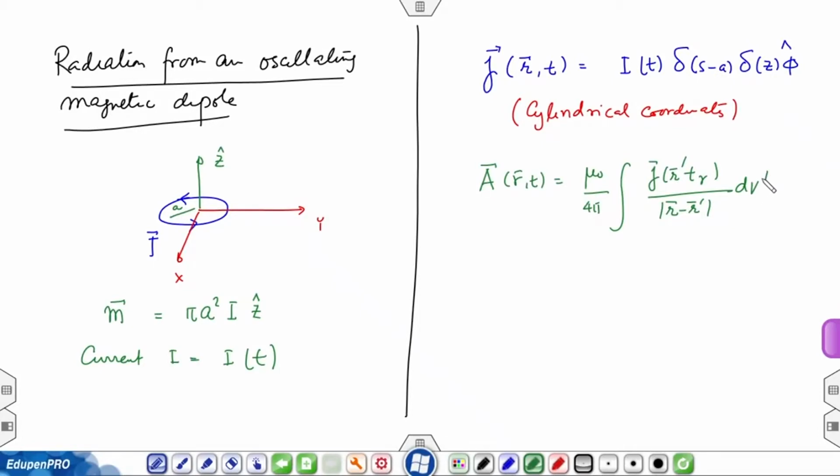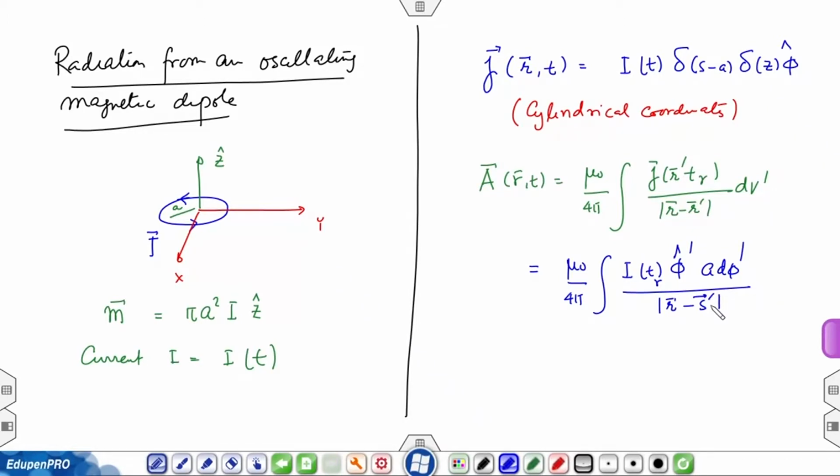Again, J dv prime can be replaced by I times the integral over the length of the coil, and therefore, I can write this as mu 0 over 4 pi integral I(t retarded), in the phi prime direction, a d phi prime, divided by modulus r minus s prime.